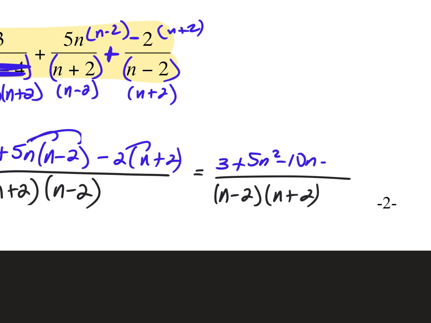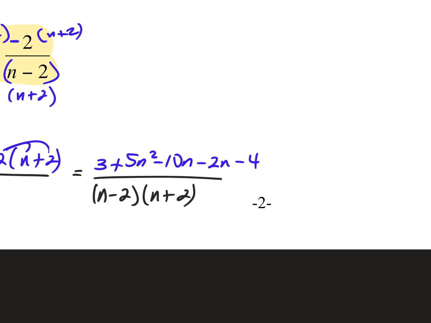Then you have negative 2 times n is negative 2n, and negative 2 times 2 is minus 4. Everybody with me? Now we're going to rewrite the denominator again. Why did I put a 4?